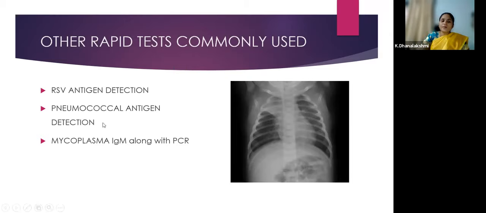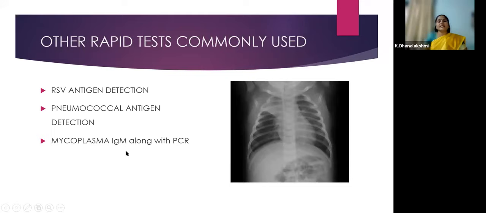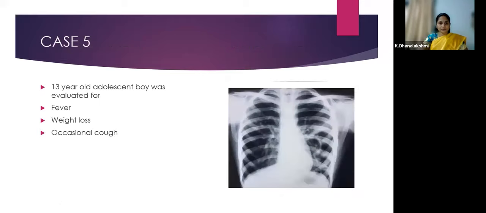Another test commonly done is Mycoplasma IgM, but doing Mycoplasma IgM will not establish a diagnosis of Mycoplasma, since IgM will persist in the blood for more than 6 months. So diagnosing based only on IgM is not sufficient. If you strongly suspect Mycoplasma, we have to order a PCR also. If PCR is positive along with IgM, then it is probable Mycoplasma. That's how we have to use the rapid test.